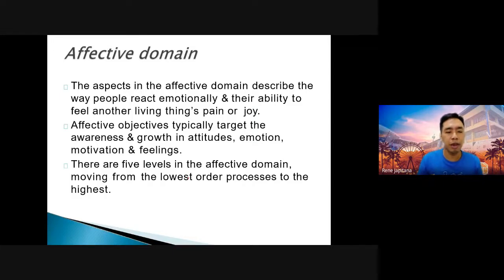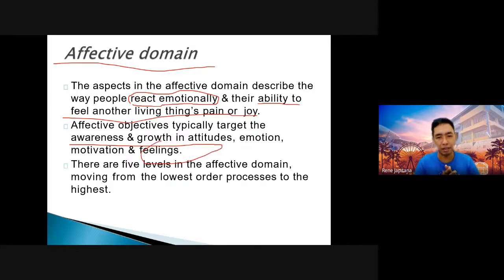The aspects in the affective domain describe the way people react emotionally. So meaning to say, on this part, it involves the emotions. When I talk about affective domain, it gives you the reaction of your emotions, the ability to feel another thing's pain or joy. So it is all about emotions. Affective objectives typically target the awareness and growth in attitude, emotions, motivations, and feelings.